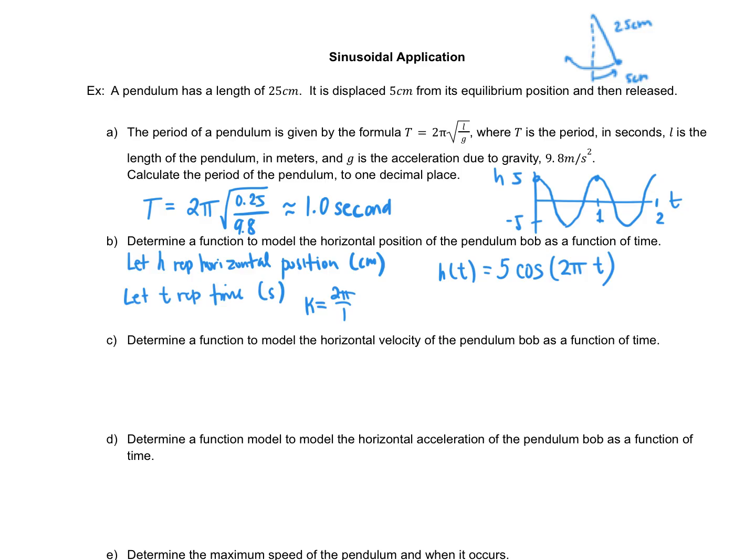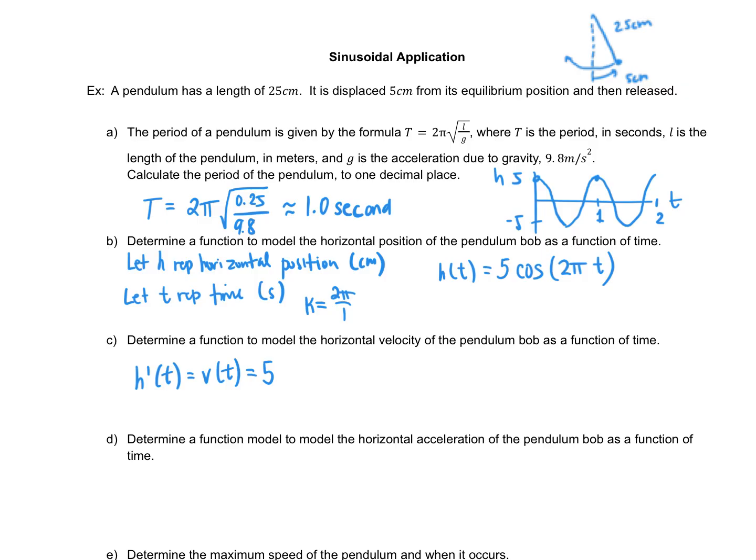Now this is great because now we can answer some follow-up questions. The first one being, determine a function to model the horizontal velocity of the pendulum bob as a function of time. So that's our first derivative. Because I'm doing velocity, I'm taking the derivative of that horizontal distance function, but I'm also going to relabel it as velocity. Okay, so to take the derivative of this, we have a chain rule.